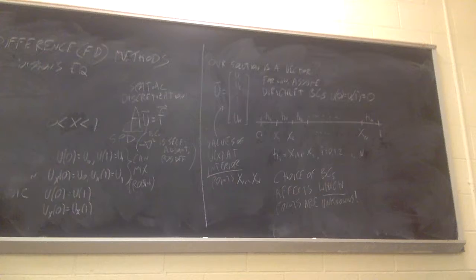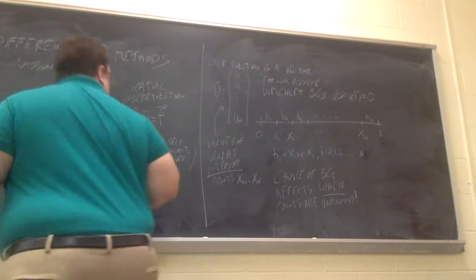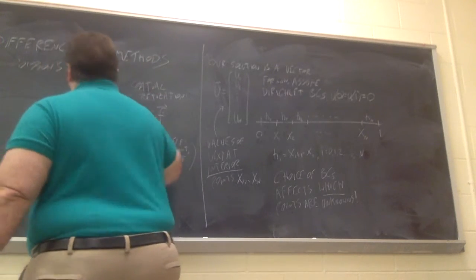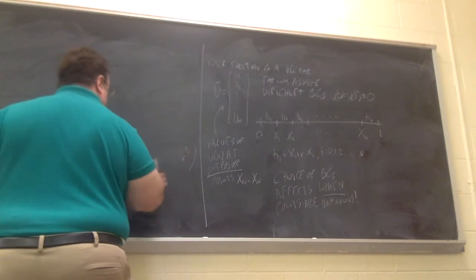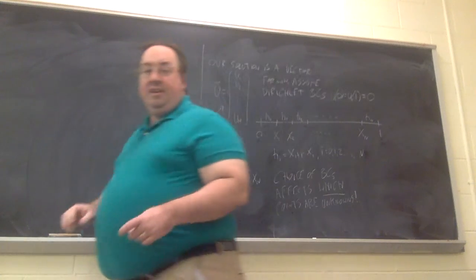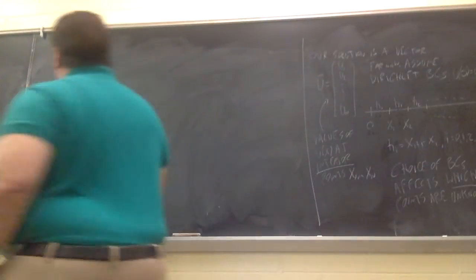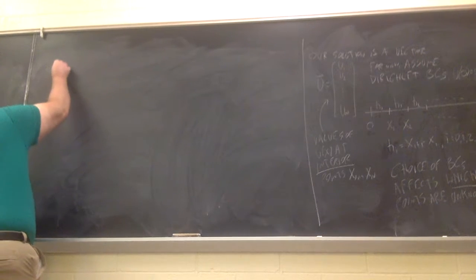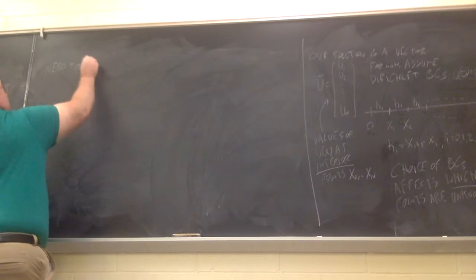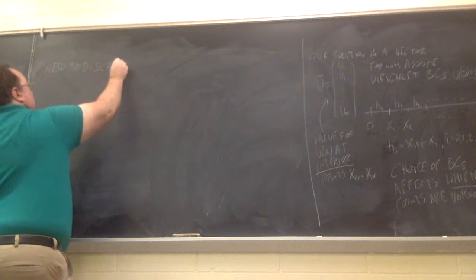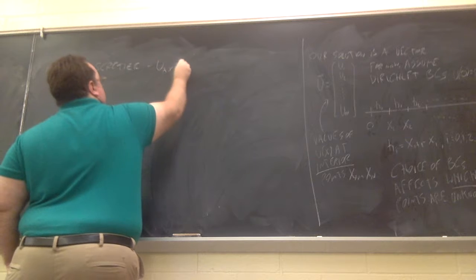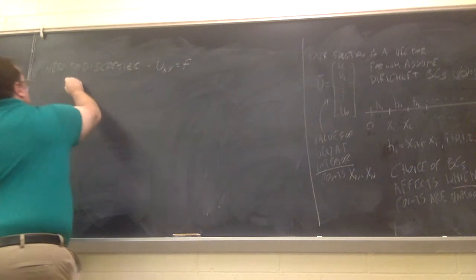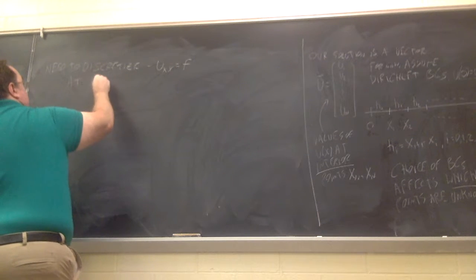So at each of these n points, n unknowns, so it means I need n equations. So let's try minus uxx is equal to f at each xi.